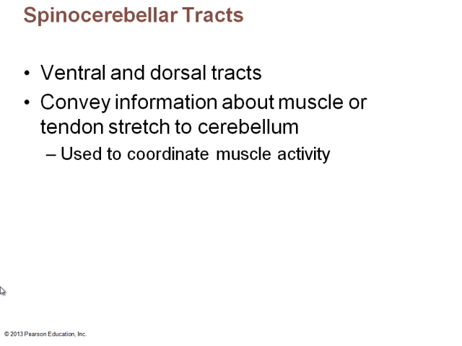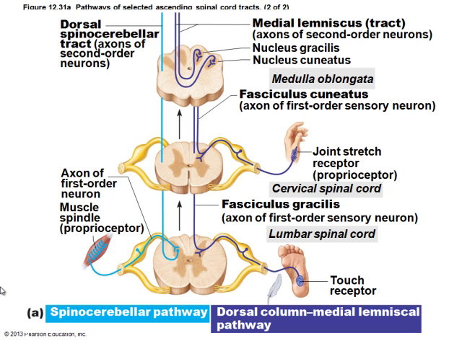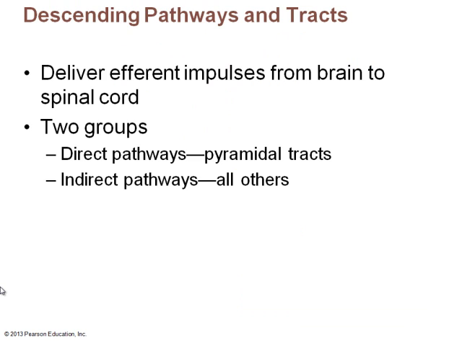And what do I need the cerebellum for? To help me coordinate movements. So this is the train track information we'll take to help me coordinate movements. And again, they show us that pathway. I'm not going to make you memorize it, so don't. Just understand that those pathways are ascending and they're going to help with whatever they help with.